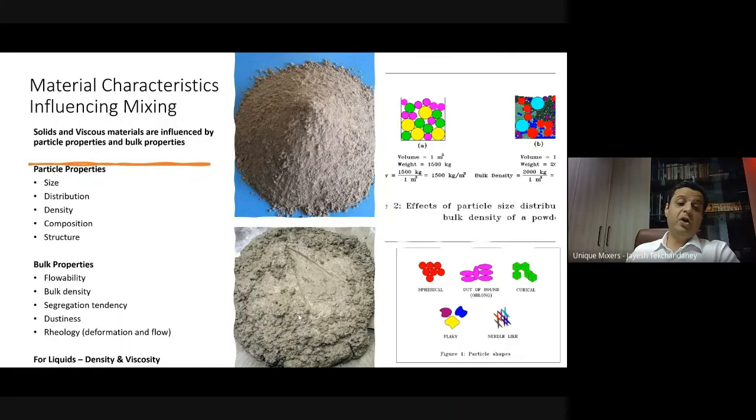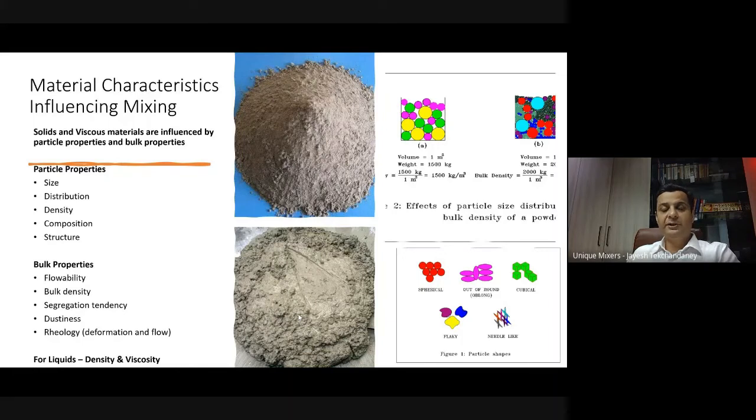That's very, very common in the refractory industry. The density, the composition, the structure. We also look at bulk properties such as flowability, bulk density, segregation tendency, dustiness, rheology, deformation, and flow. As I said, there are properties such as material adhesiveness, material cohesiveness.